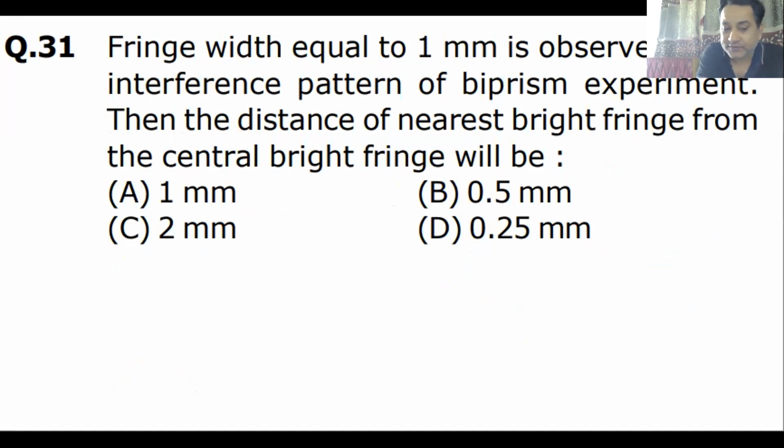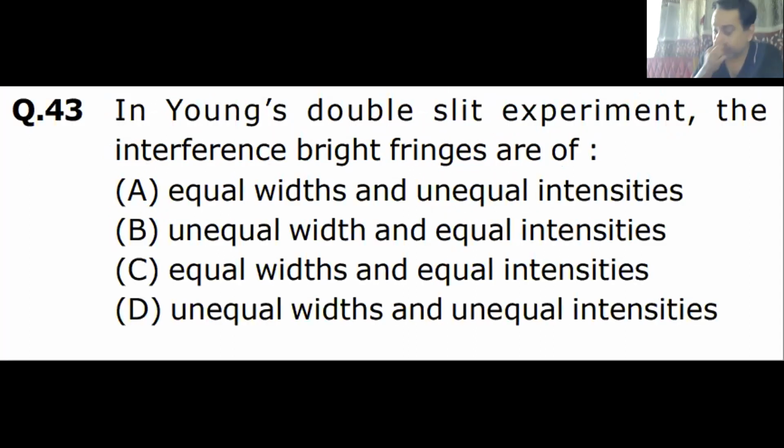Okay, this is for biprism, so I don't think we can do it right now. Once we are done with the biprism topic, then we will be able to do this. So let us leave it and let me do this one first.